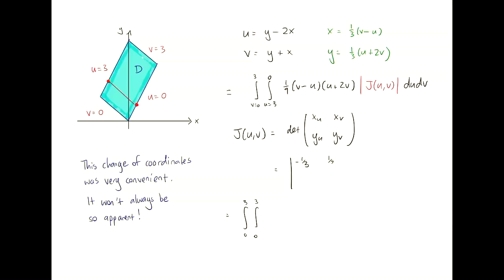Minus 1/3, 1/3, 1/3, 2/3, which is equal to minus 2 over 9, minus 1 over 9, which is equal to minus 1/3, which is good because this is 1/9, v minus u plus 2v, and now we get the absolute value of minus 1/3, du dv, which is, of course, just 1/3, which gives us 1 over 4 as expected.